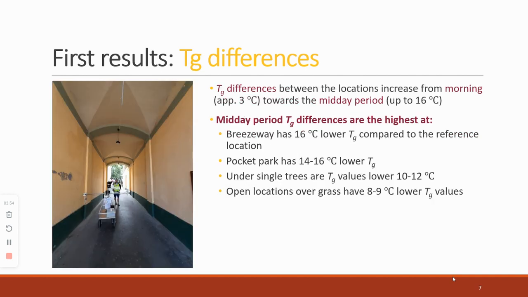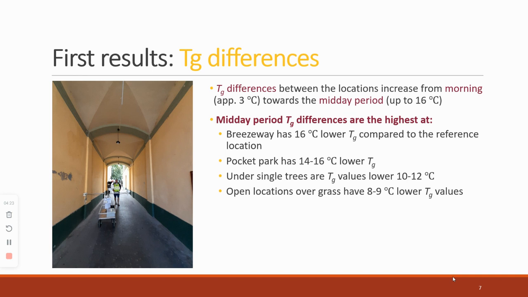When we talk about globe temperature, the differences in the morning were lower, but going to the midday period, they were a bit higher, up to 16 degrees Celsius. And in the midday period, the highest differences were in the breezeway, as you can see in this photo, a canyon that has an overhang, but where the circulation of the wind is stronger.